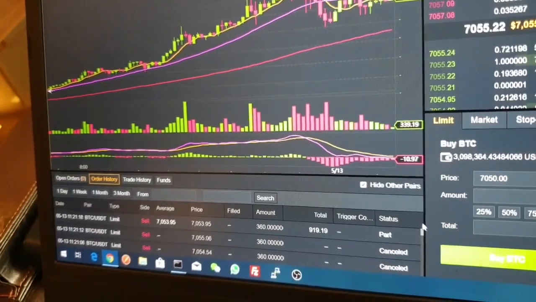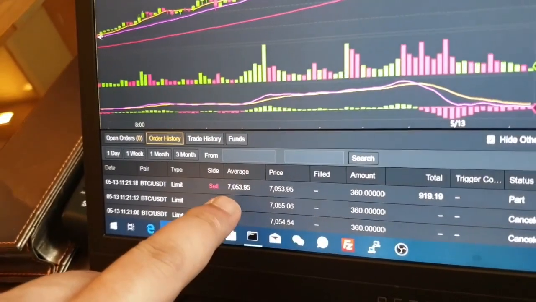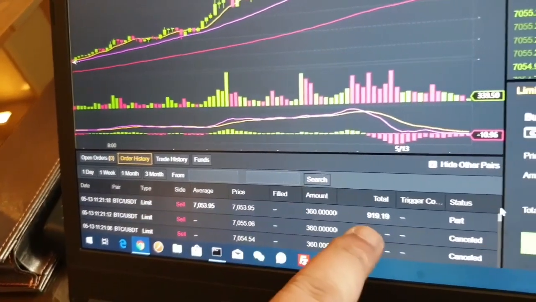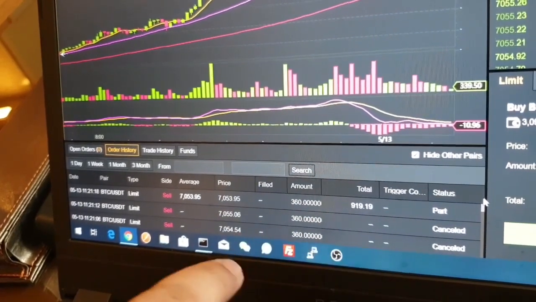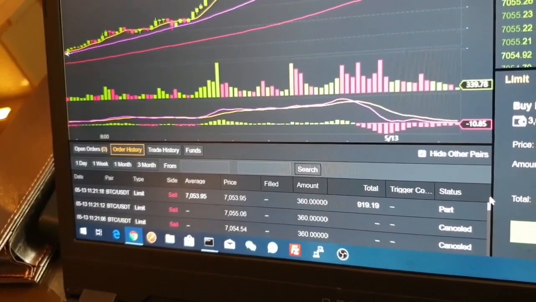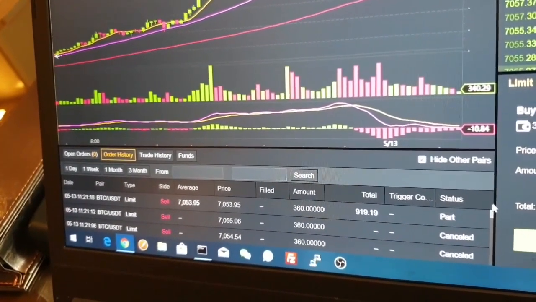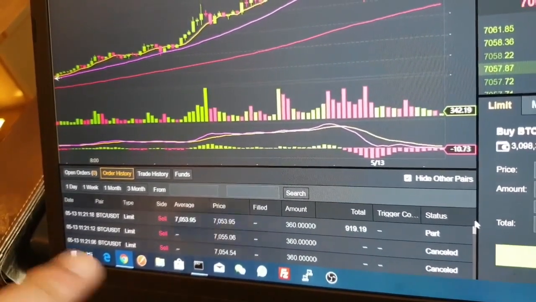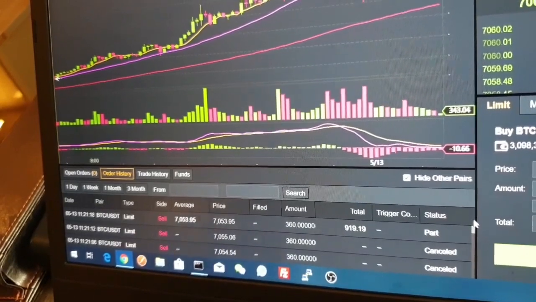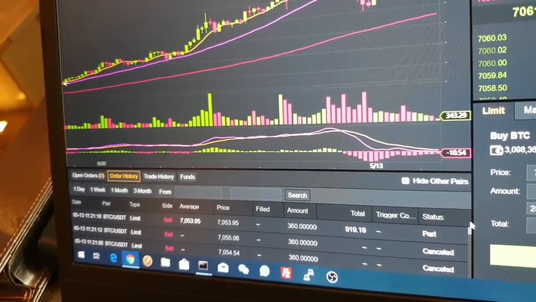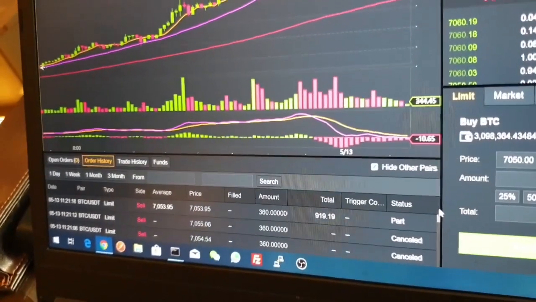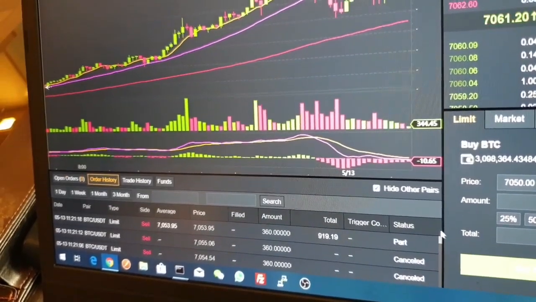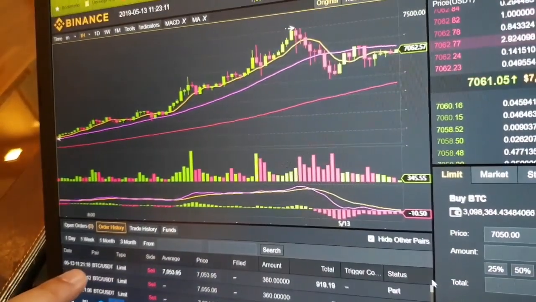Yeah, there was some sale at 7,053. 919. Yeah, but just a bit. 919 Bitcoin? No, the total of this is USDT. Oh, okay. So actually we made a bit, right? Because our price was 7,000, so we made 53 per Bitcoin. That was the most recent one, yeah.